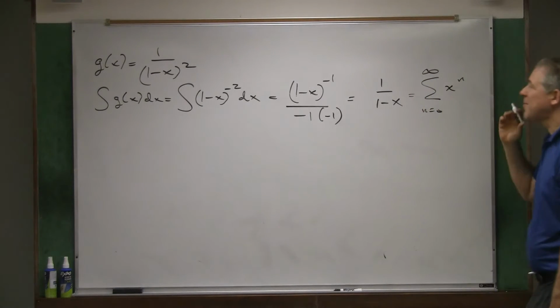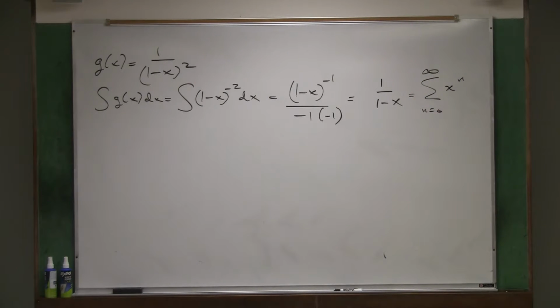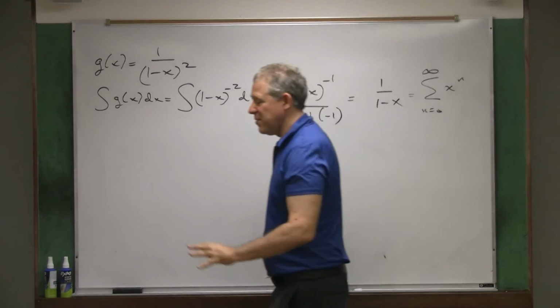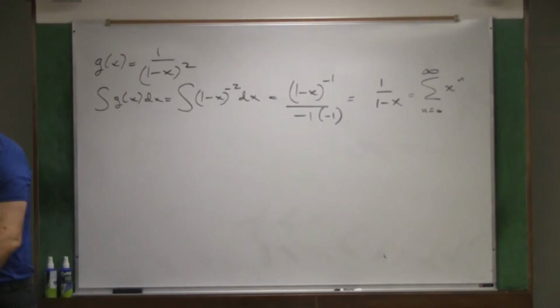All right. Now, if the integral of g is a series, what's g as a series? Let's say that again. If the integral of g, the antiderivative of g, is a series, what's g as a series?